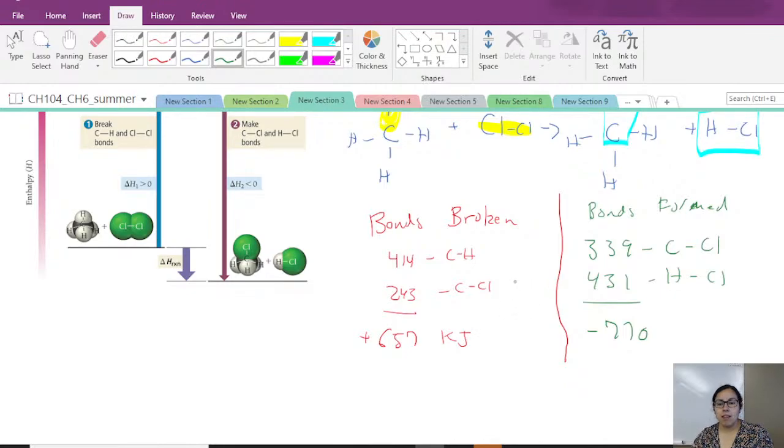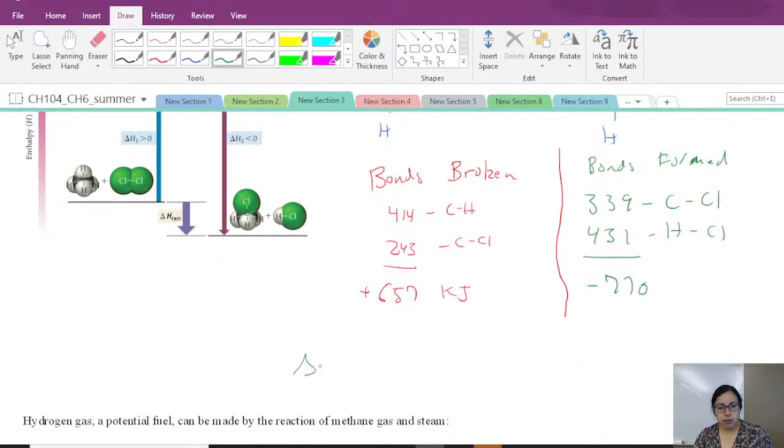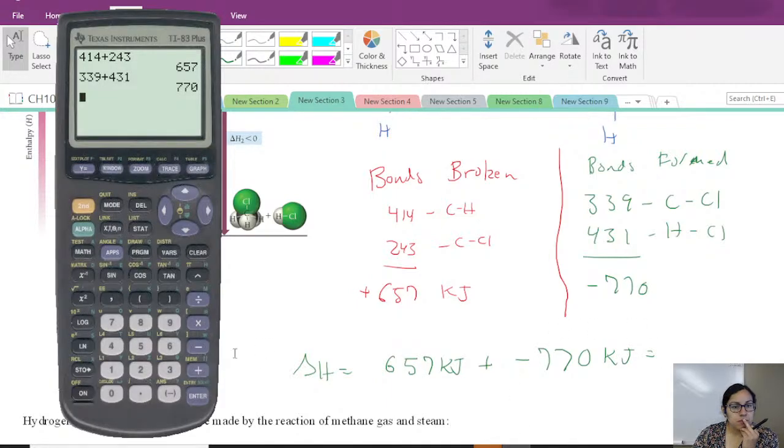To find the overall delta H of our reaction, we can just add these two. So 657 kilojoules plus my negative 770 kilojoules. I get an overall enthalpy of negative 113.